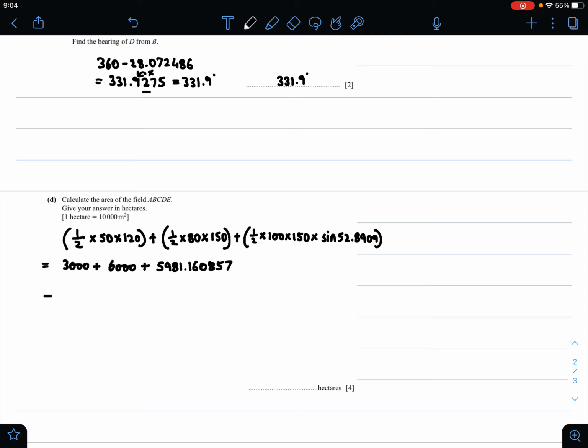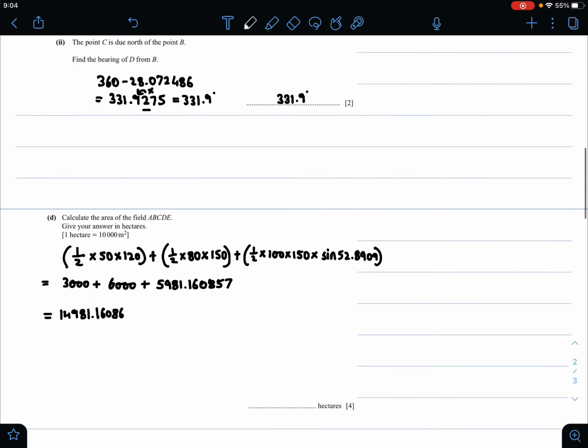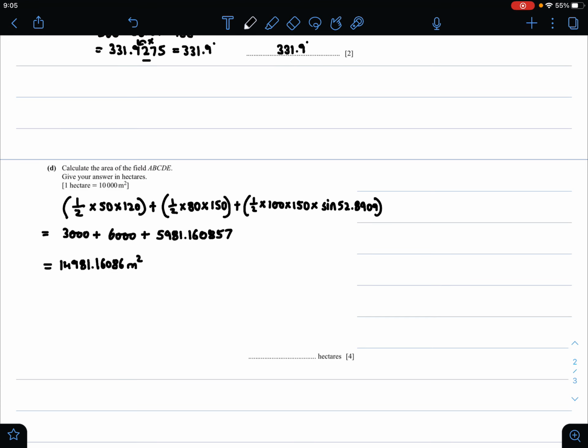Therefore, you will get the sum of this as 14,981.16086. Now, since all the units are in meters, this area would have a unit of meter square, whereas they want us to give our answer in hectares.